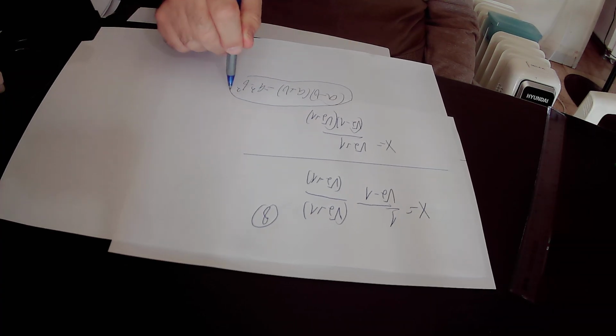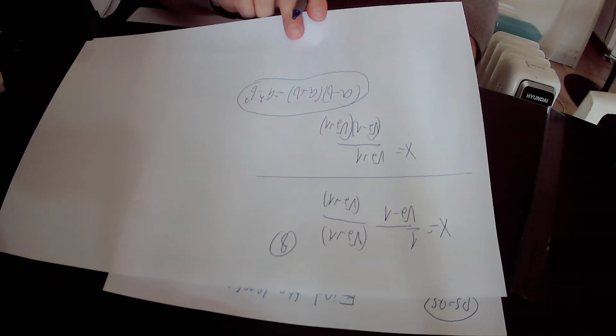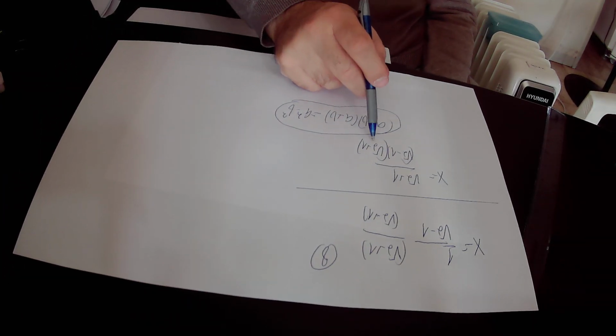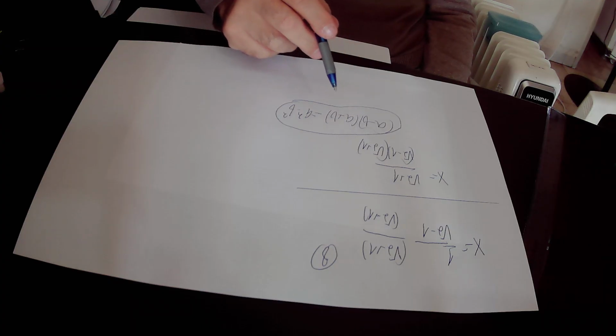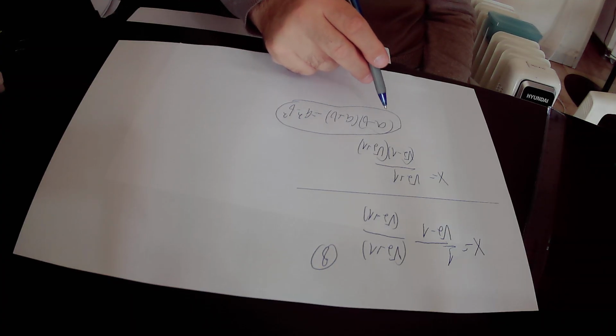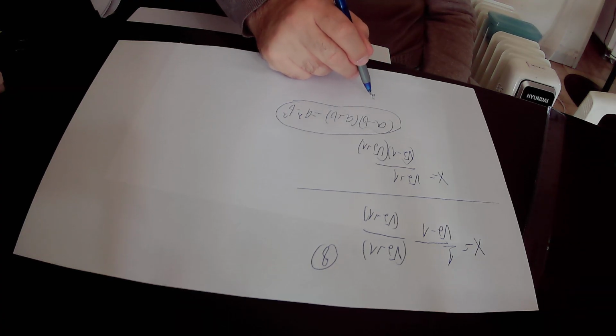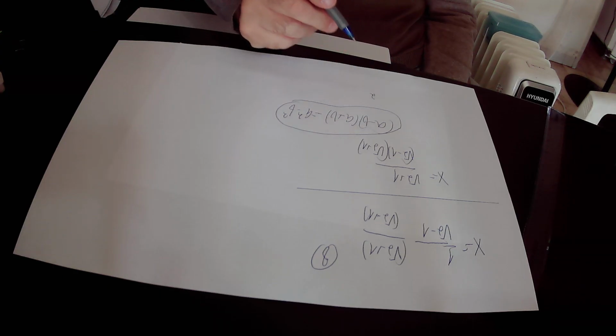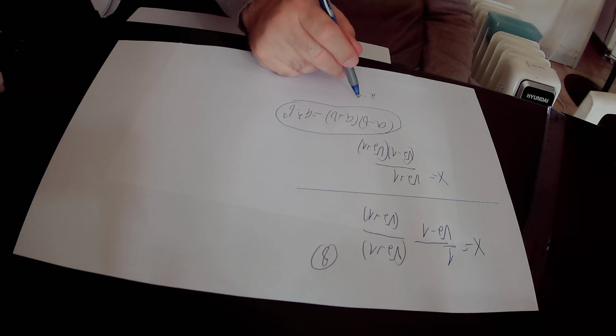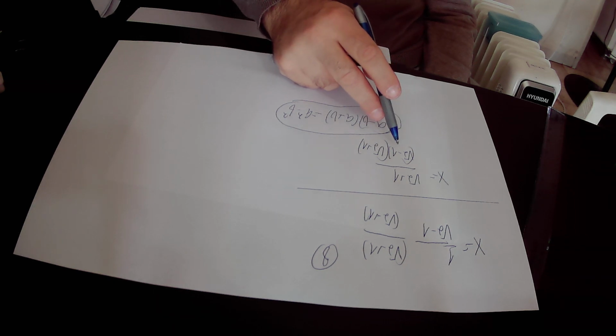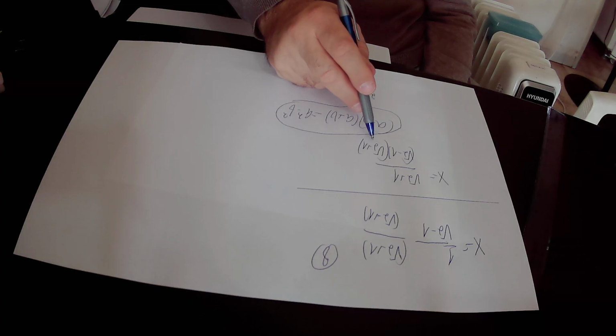According to this algebraic identity, the value of this expression will be equal to square root of 2 squared, that is 2, minus 1 squared, that is 1, so it is minus 1. So in total, this expression equals 2 minus 1, that is 1.